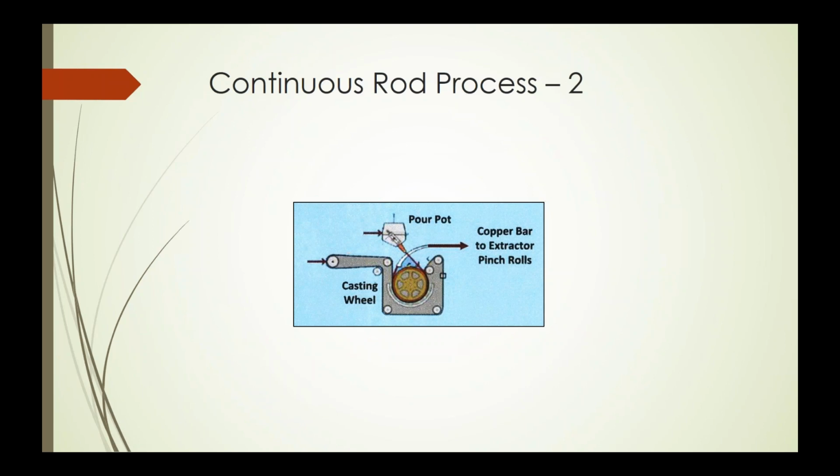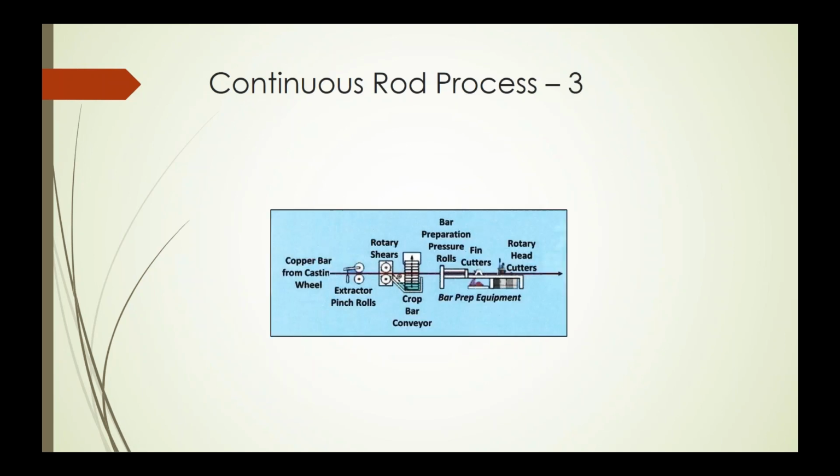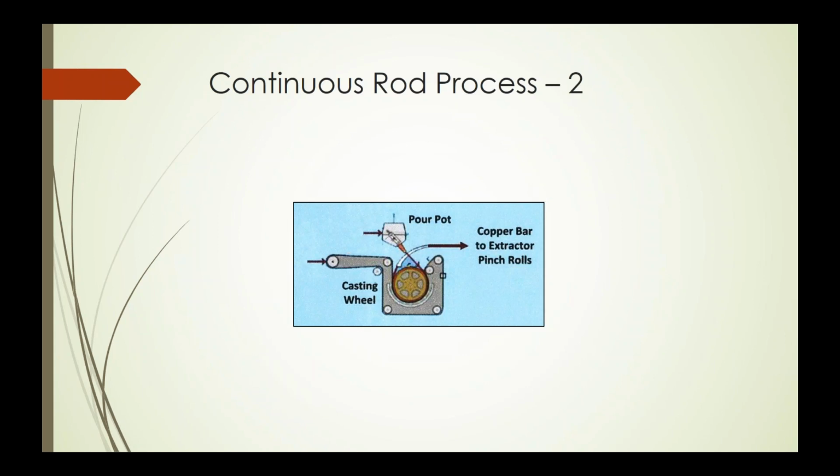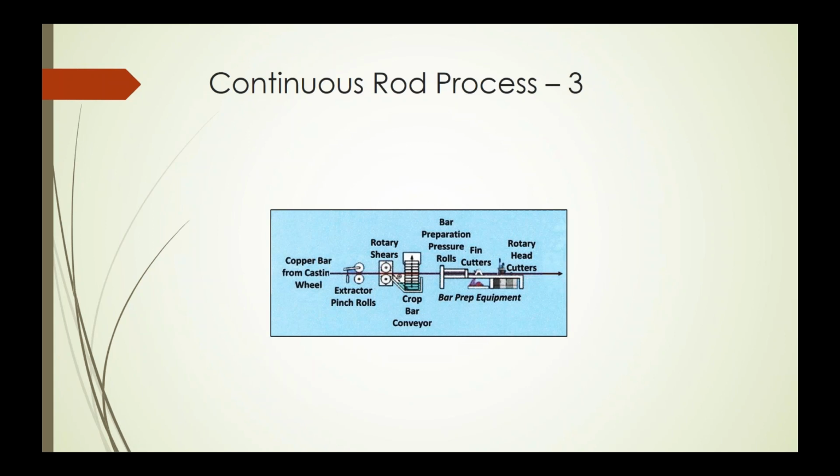This is generally a Properzy process or a wheel process. Get a copper bar out, and depending upon the shape of the wheel, you can get different configurations coming out. Then you let it solidify through the extractor and pinch rolls and rotary shears.